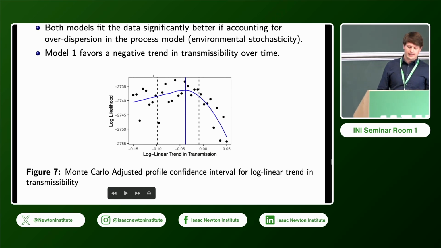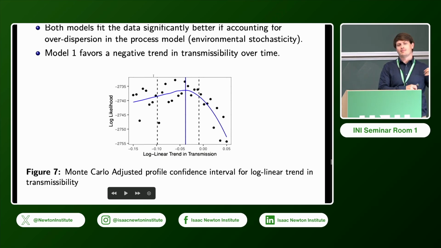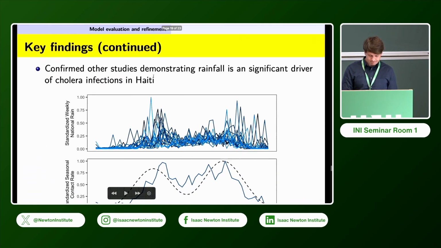In particular, one effort that was done in Haiti is once they found some cases, they would send health workers to educate the people in the surrounding community about cholera and sanitation, and they would vaccinate individuals that were closely tied to the case. Of course, that wasn't present at the beginning of the epidemic, but those efforts increased over time. So that's one possible explanation why the transmissibility decreased over time.